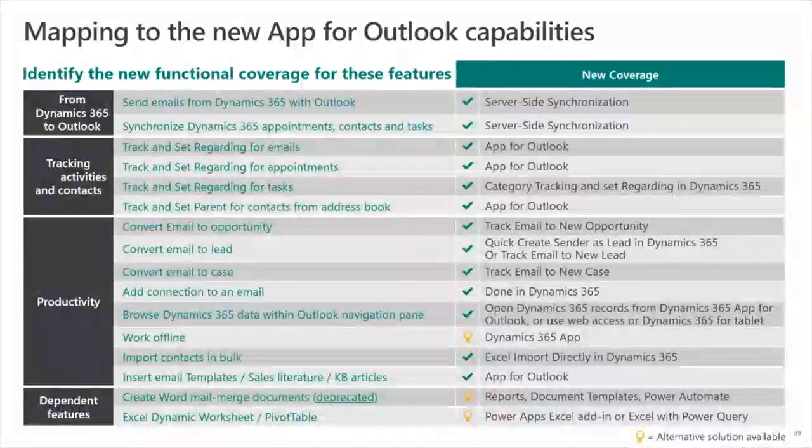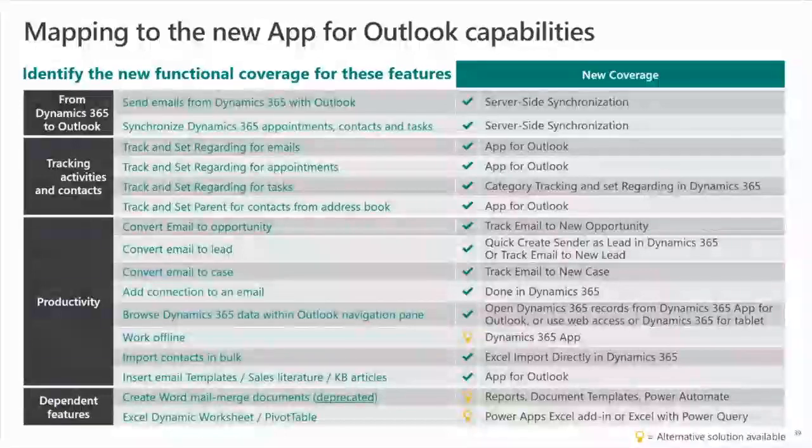To work offline, the new coverage is the Dynamics 365 app that's available today on iOS and Android, but we'll discuss that later. We also have plans and current work to make that work also on the Windows 10 tablet application. To import contacts in bulk, you can use the standard Excel import feature in Dynamics 365. To insert email templates, sales literature, and KB articles, this is native with the app for Outlook.